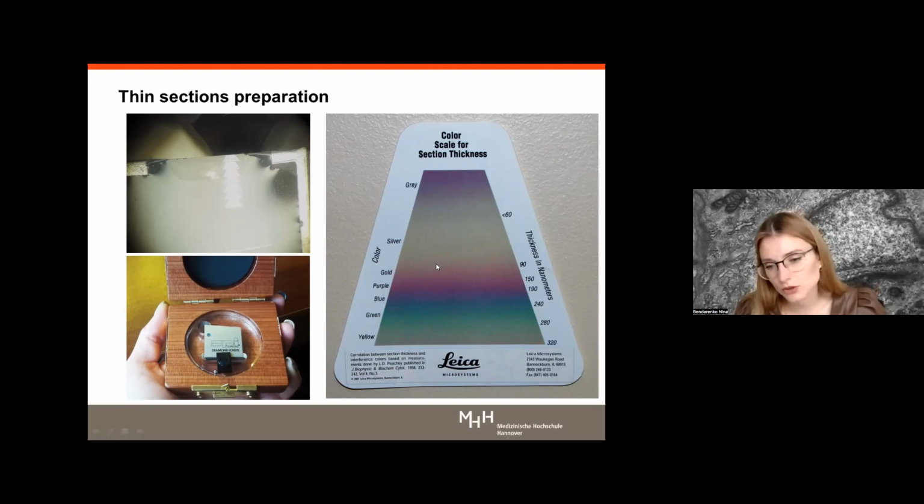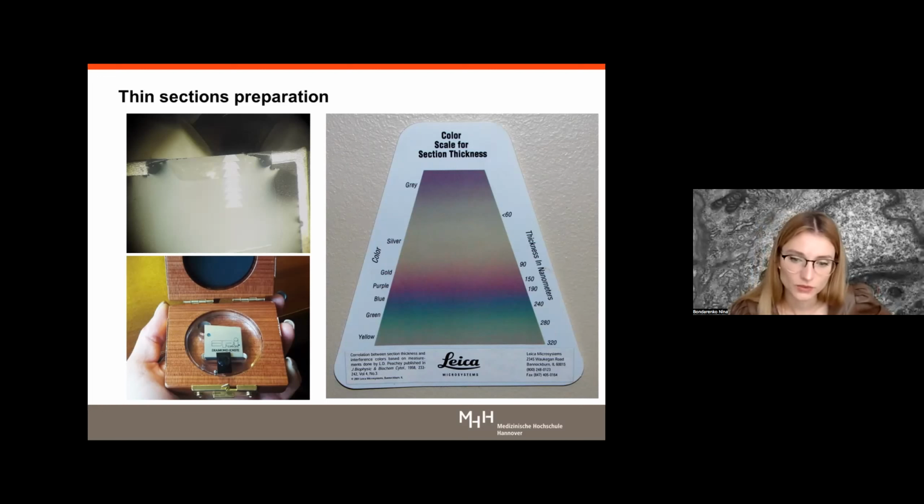But it depends on the aim. For example, for ciliary pathology, when we analyze ciliated epithelium of the respiratory tract, we need a thick ultra-thin section. Thick means 90 nanometers.